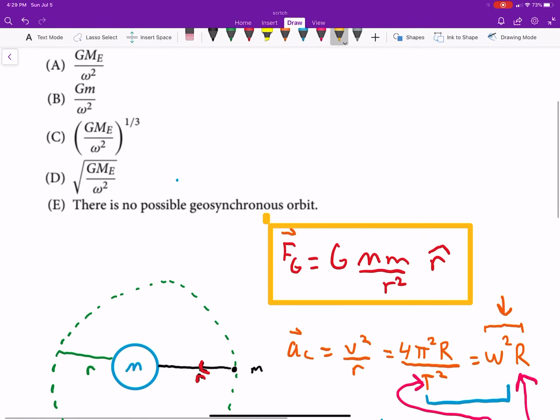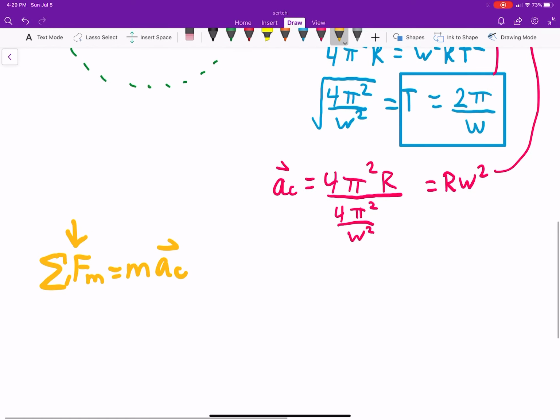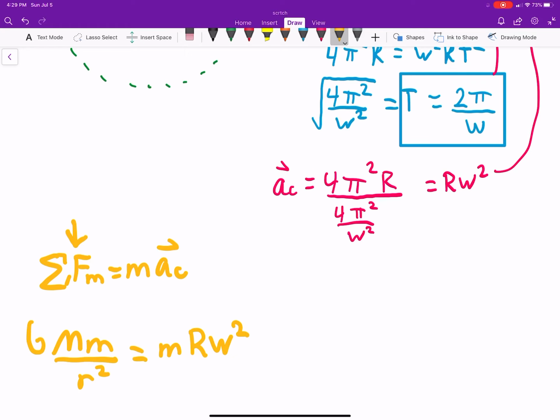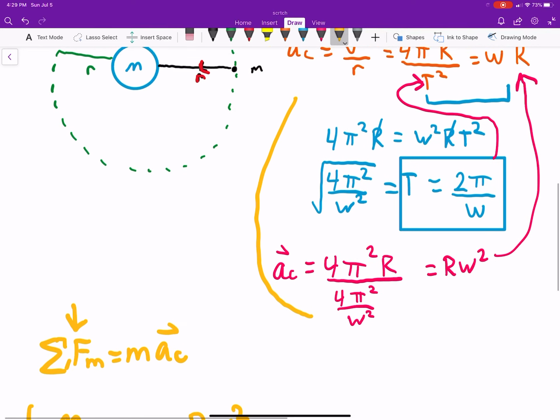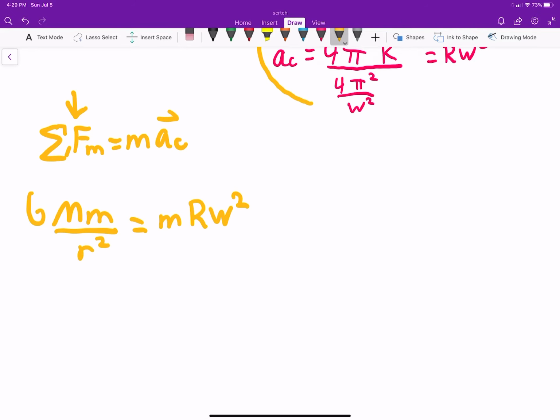So that's going to be big G, which is a constant, times big M, little m, over r squared, equal to little m times r omega squared. We didn't technically do anything wrong over here, but it's not necessary now that I'm looking at it. But anyways, you can see the little mass ends up dropping.